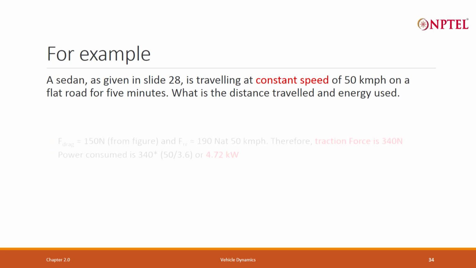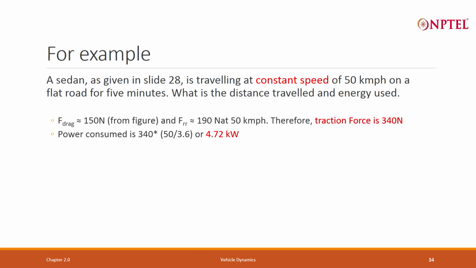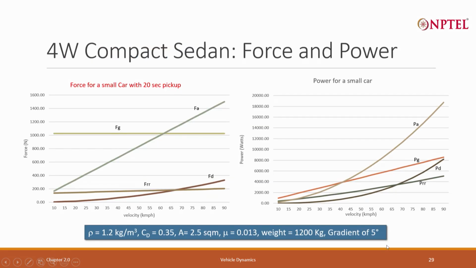So, if I compute the distance travelled and energy used, which I will do out here, the drag at 50 kilometer per hour comes to 150 newtons. Rolling resistance is higher, 190 newtons at 50 kilometer per hour.